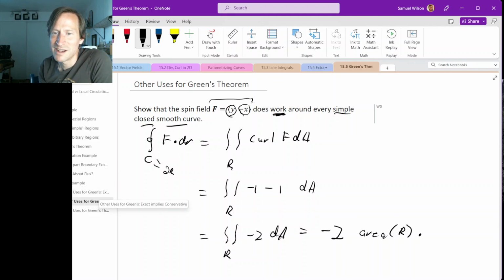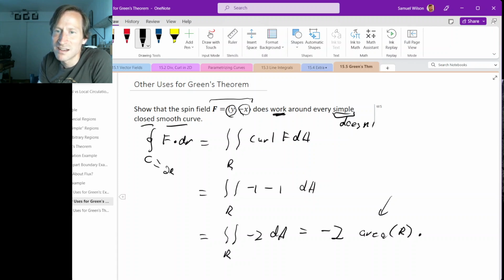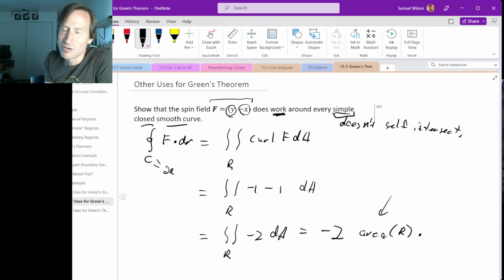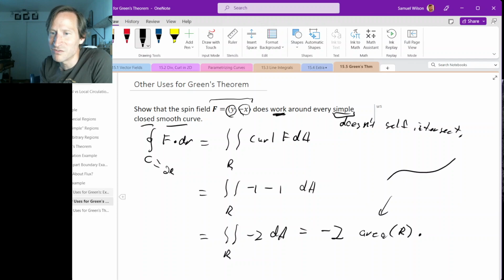Right, this area can't be 0 because part of being a simple curve means that it doesn't self-intersect. The only way for this area to be 0 would be if you went out and then back along the exact same path.